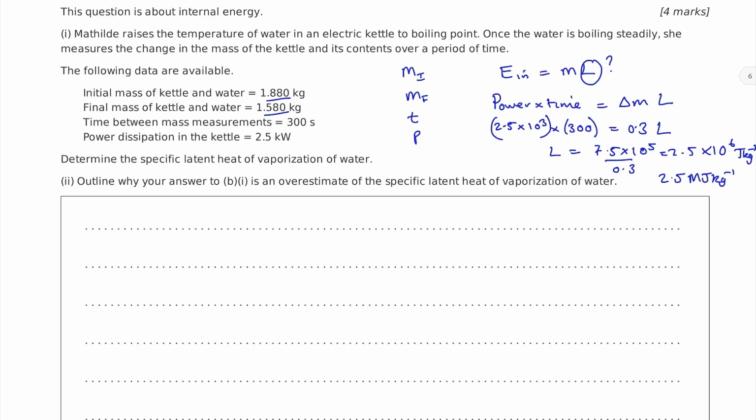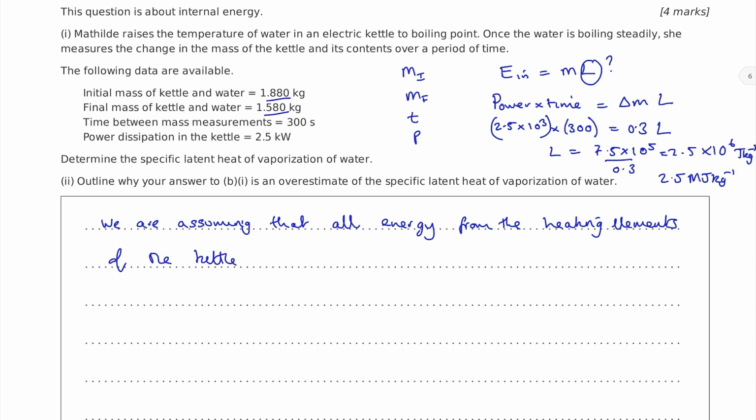Outline why your answer to B1 is an overestimate of the specific latent heat of water. Well, in this question up here, we are assuming that all the energy from the heating elements of the kettle is used to boil the water.